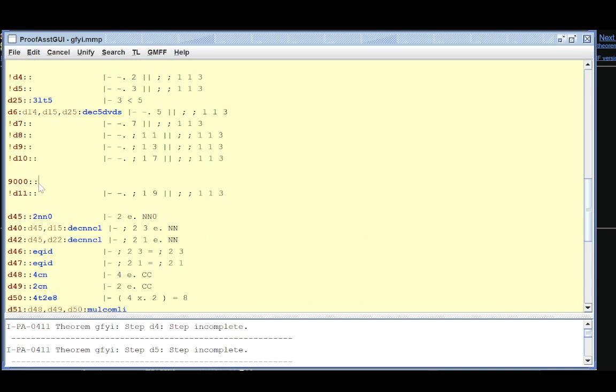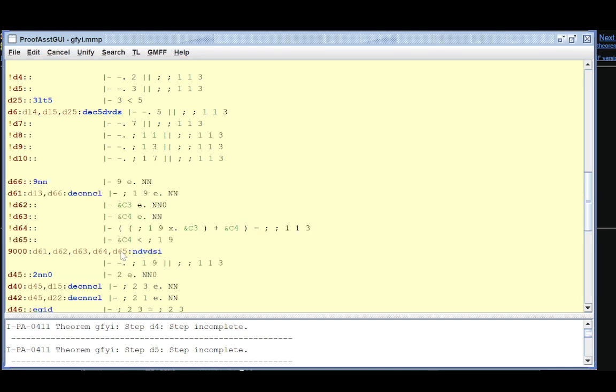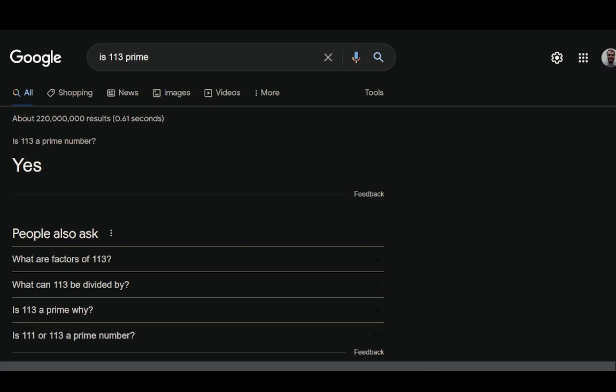19 divides 113. This is what I want to prove. Bung that in. 19 times 5 is just a little bit less than 100, so that's like 95, right?